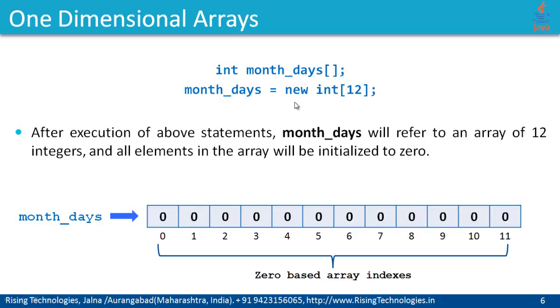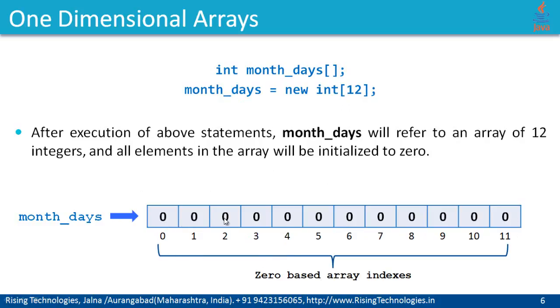And after allocating memory to these 12 integer elements, the reference of this particular array will be assigned to this month days variable. So now this month days array variable is going to refer to this physical array of 12 elements in the memory.